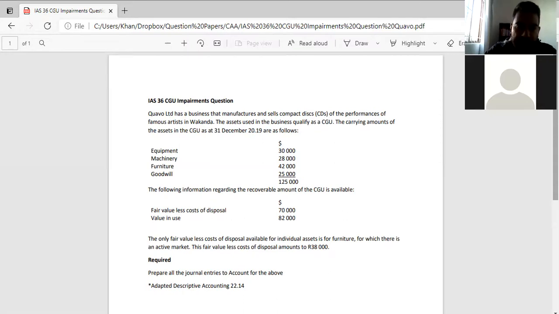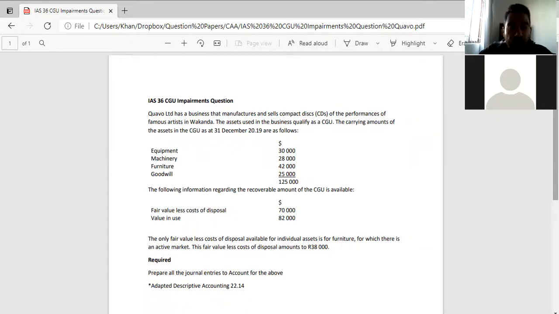So they're indirectly telling you that the equipment can't generate cash flows on its own. The machinery can't, the furniture can't. But all of them together, when they work in combination, when they are grouped together, then they can generate cash flows on their own. So that is what a CGU is about.